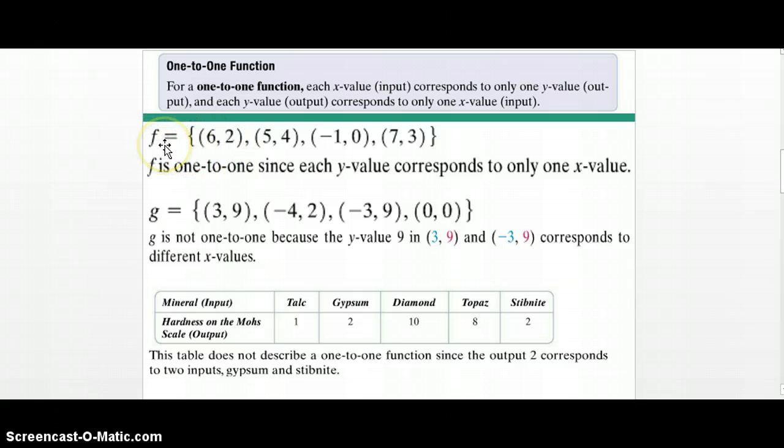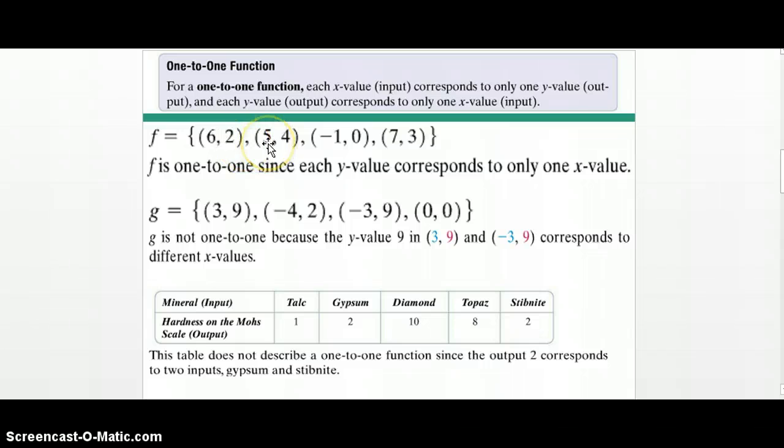The function f is the ordered pairs (6, 2), (5, 4), (-1, 0), (7, 3). Look at these ordered pairs. Here the x value is 6, the y value is 2.